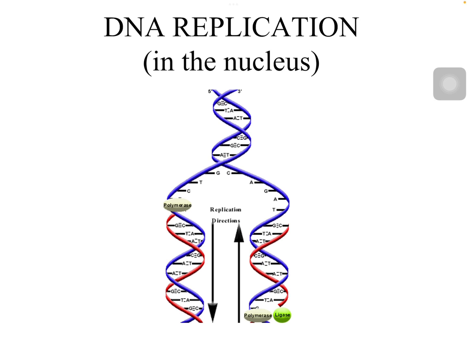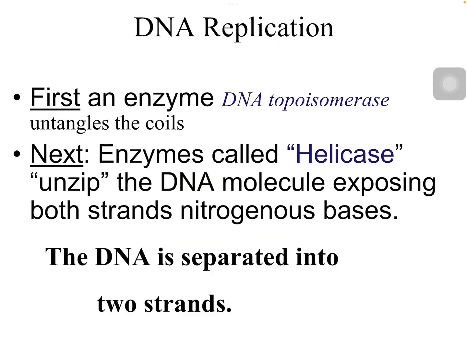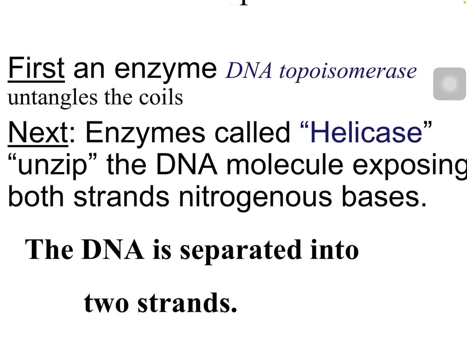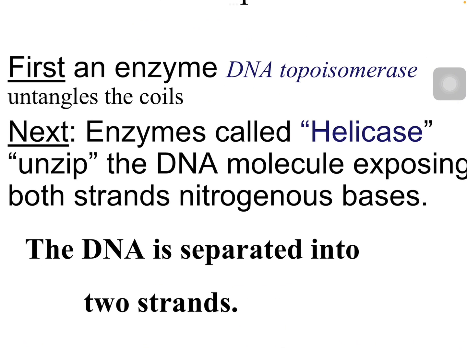So, as you notice, class, in DNA replication, the very first enzyme that acts on the coil or the helix is what we call DNA topoisomerase. This DNA topoisomerase will untangle the coil.